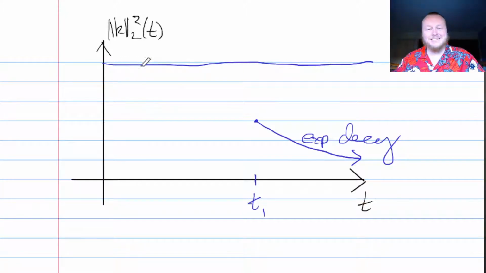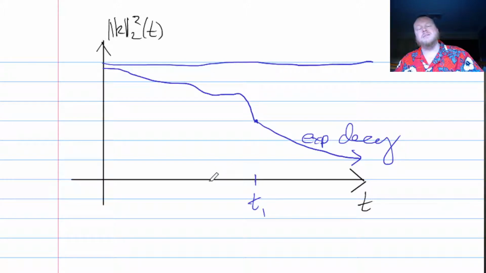Oh my God, I'm failing to draw this picture. This quantity can't actually go up because this is a monotone non-increasing quantity. So yes, it could go down slowly and then quickly and then slowly, whatever. And let's say it goes down really quickly here, and maybe its true value is down here.